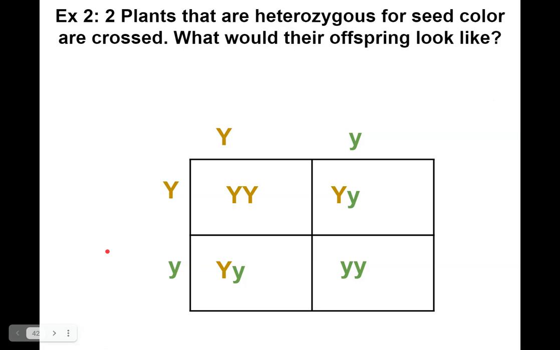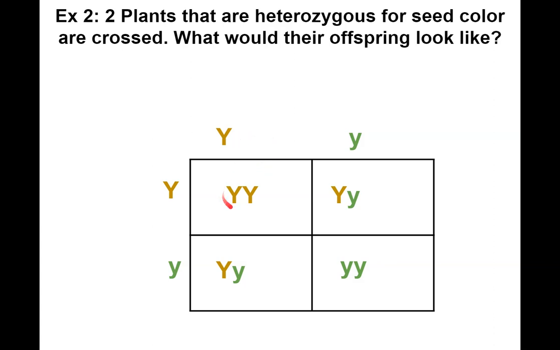Plants that are heterozygous, different, for seed color are crossed. So what do their offspring look like? Okay, so there's big Y, little y here, and big Y, little y here. So this is one parent. This is the other parent. So they're both heterozygous. Let's see what their offspring look like.